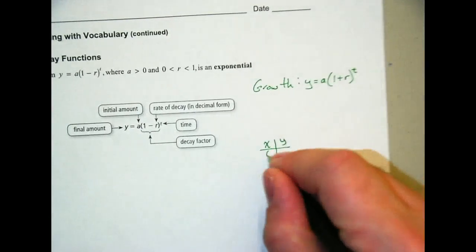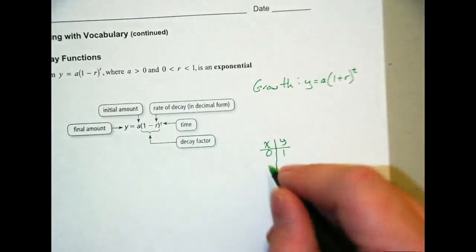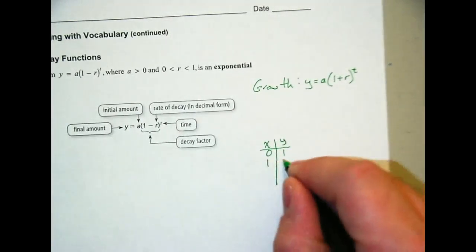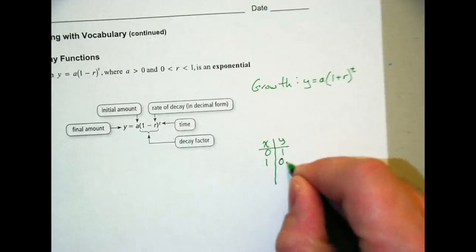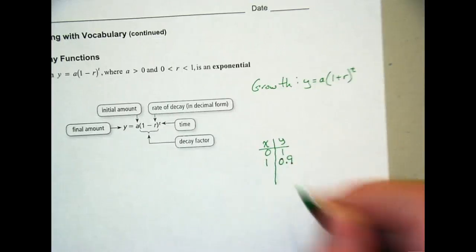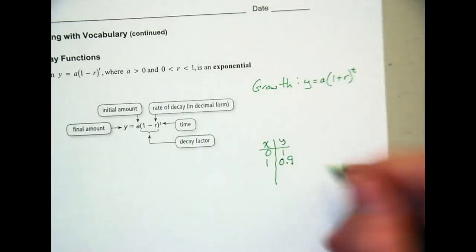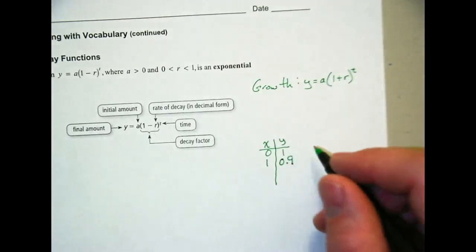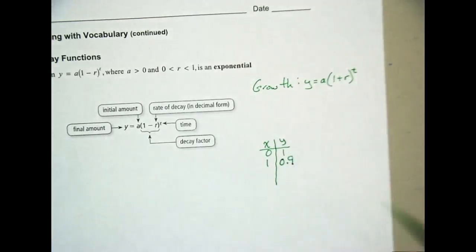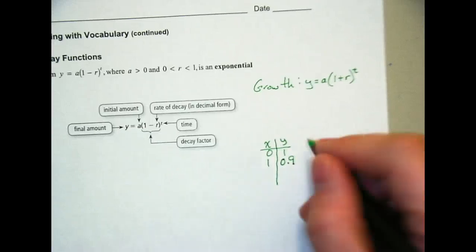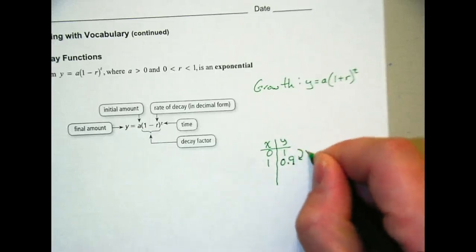So day 0, you start at 1. Day 1, where are you at now? 90 cents. Okay, you lose a dime. So what's our rate of decay? How much are we going down each time? Yeah, 0.1.